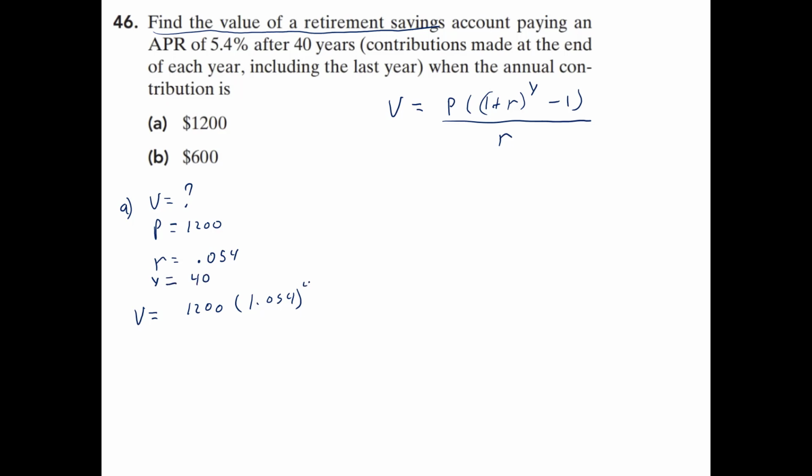And so then this exponent becomes 40, minus 1. And that all gets done first. And divided by r, which is 0.054.